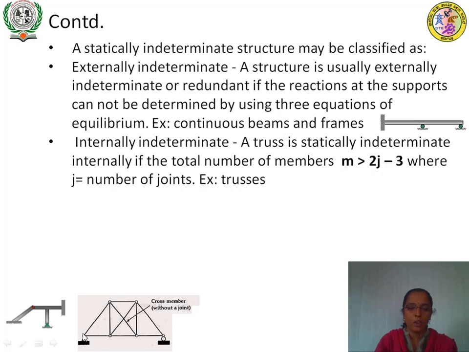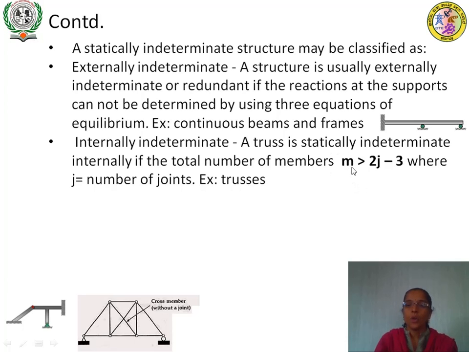How many joints are there? 1, 2, 3, 4, 5, 6. 6 joints are there. So 2 into 6, 2 sixes are 12, minus 3. If you deduct 3, you get 9. And the members are 10.